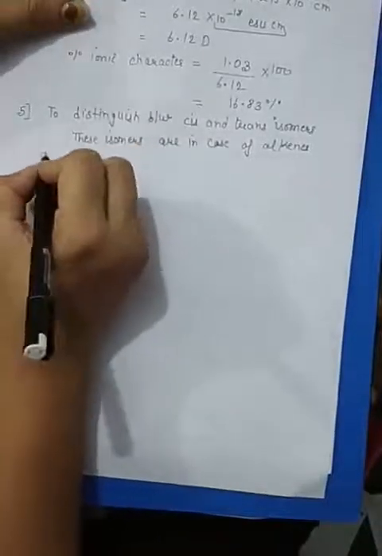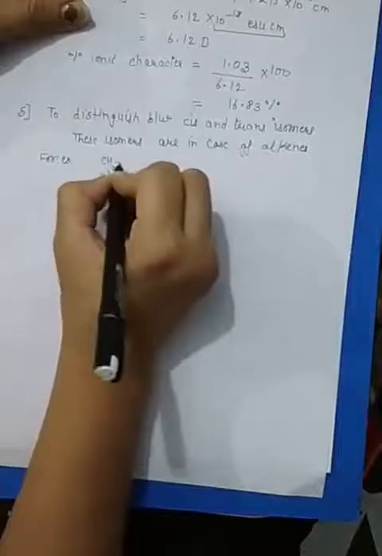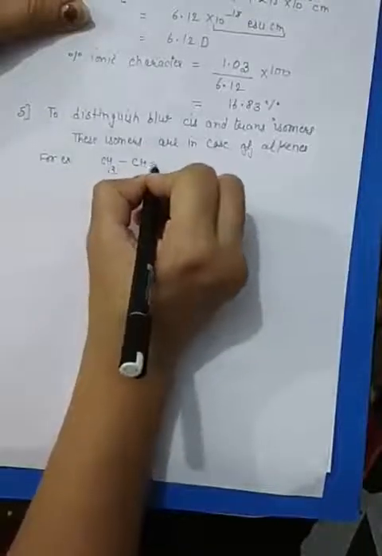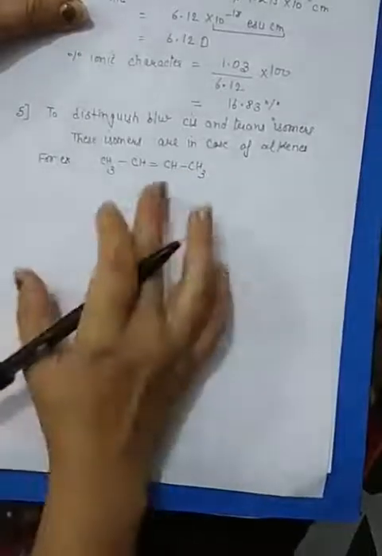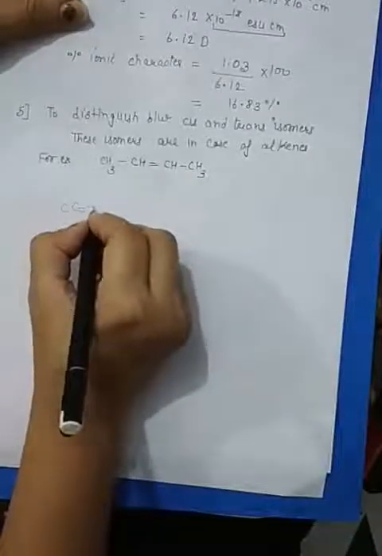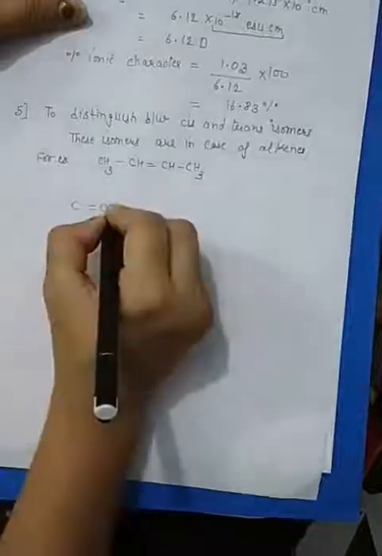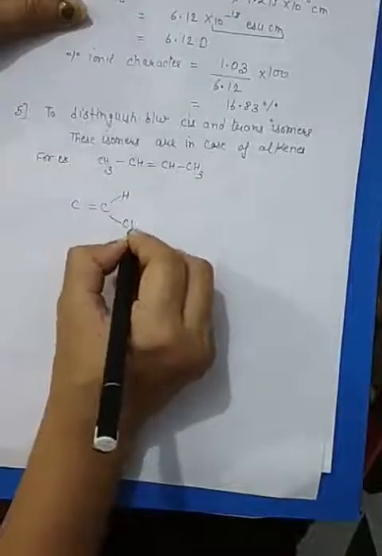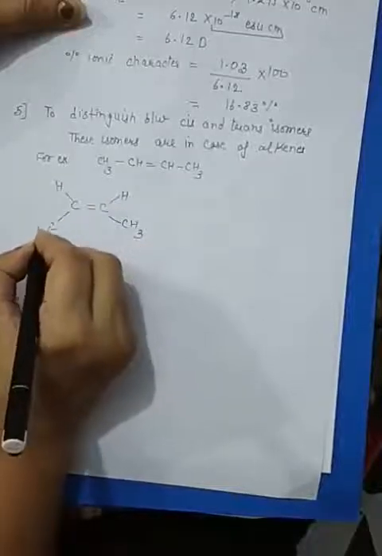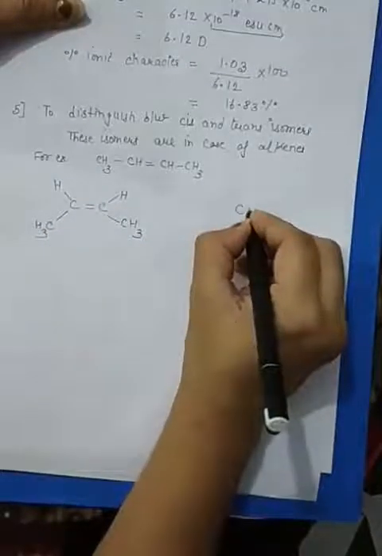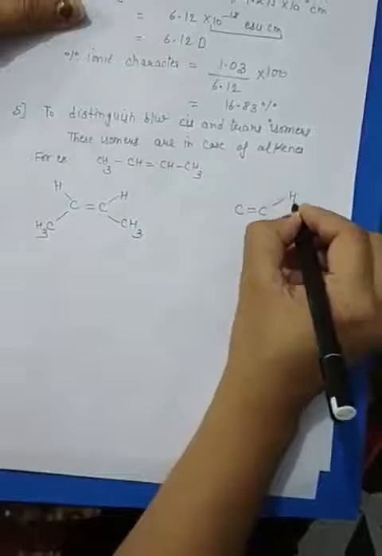So for example, we take here CH3, CH double bond CH, CH3. There are two possibilities to draw the structure of this molecule. One is like this and another one is like this.